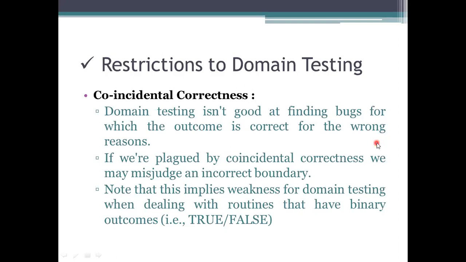So the desired path or desired outcome which is achieved for the wrong reason is specified as coincidental correctness. Here we take coincidental correctness for the domains. First we need to take a value from any one of the domains, whether from the true or the false.